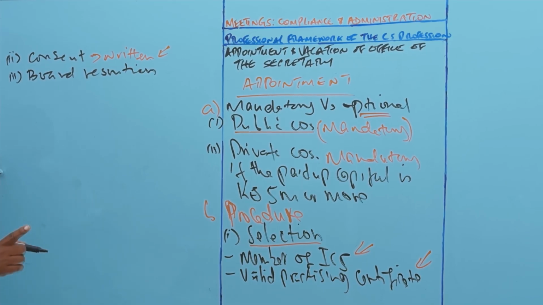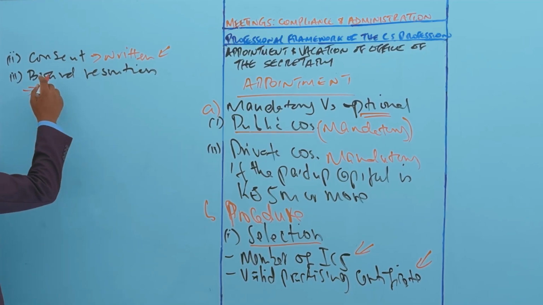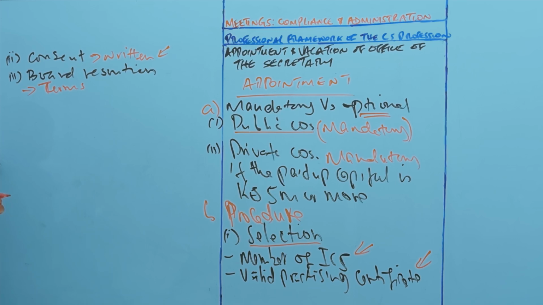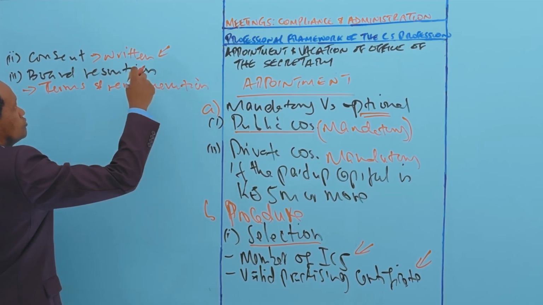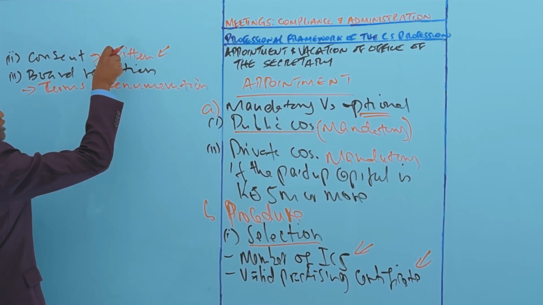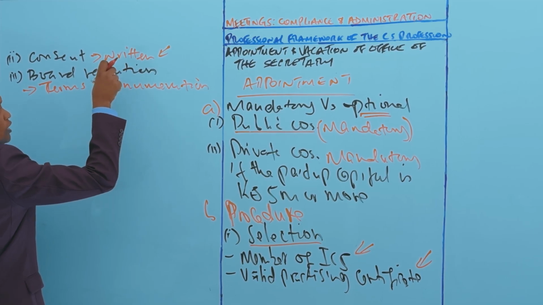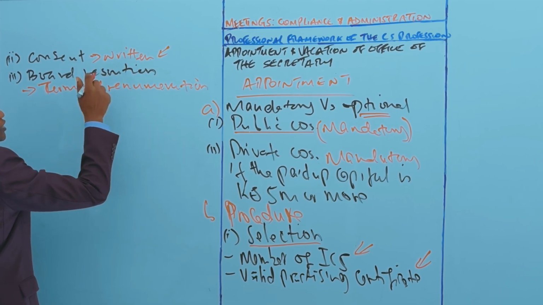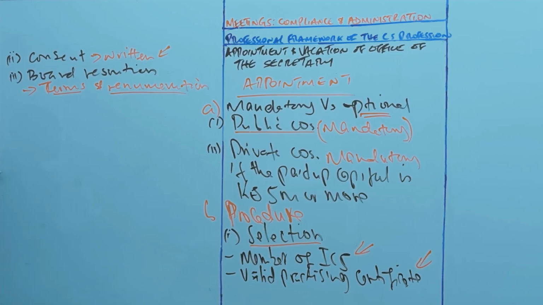In this resolution, they have to indicate the terms of service and remuneration. After the secretary submits a written consent, the board meets and resolves to have the secretary formally appointed, and within this resolution are the terms of service and the remuneration of the company secretary.